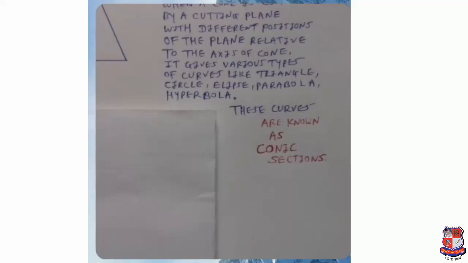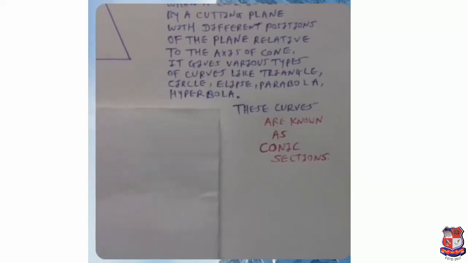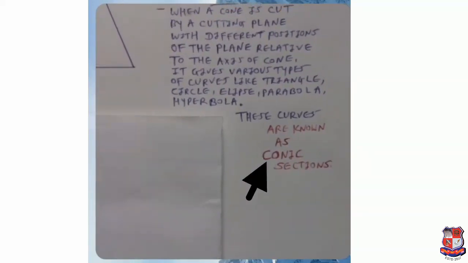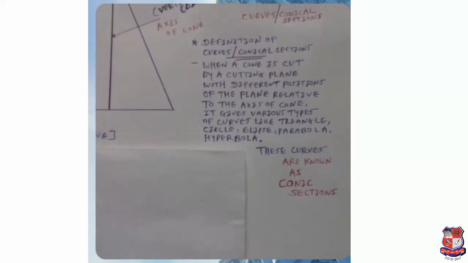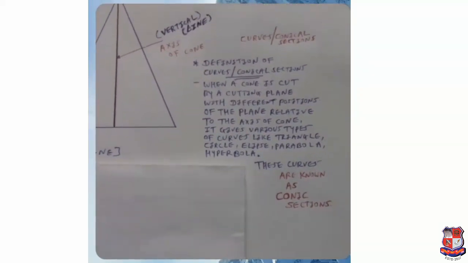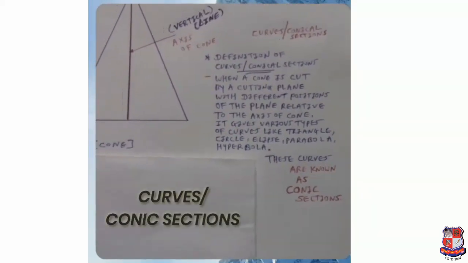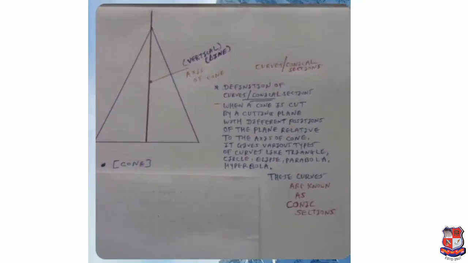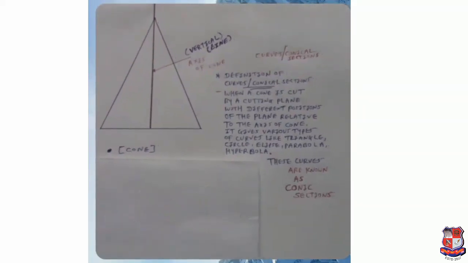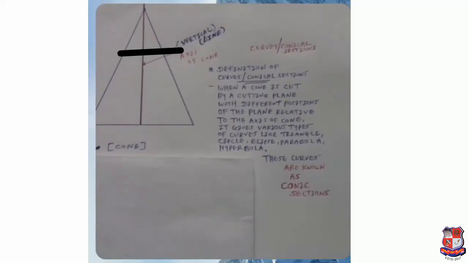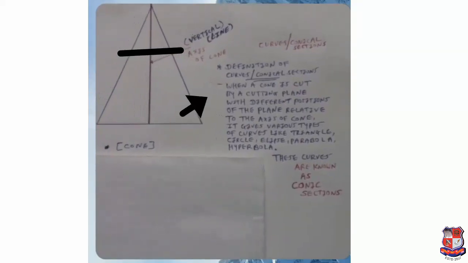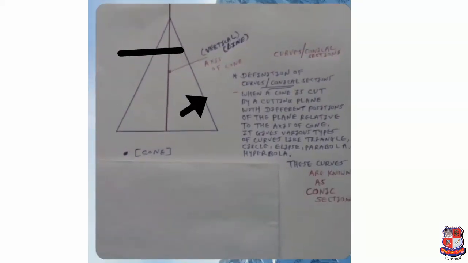So these curves are known as conic sections. Understood? So what do you mean by curves and conical section? Here you will better understand by seeing the definition of the curves and conical section.